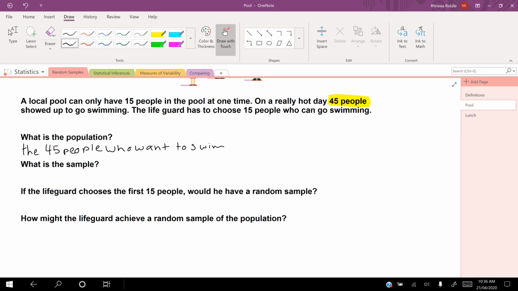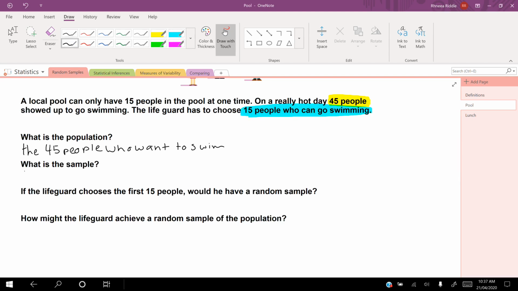Now, it doesn't matter if there are 46 people and that 46th person doesn't want to swim, they just want to hang out by the poolside. We only need to know about the 45 people who want to go swimming. Because out of those 45 people, we need to choose 15 people who are actually going to go swimming. So when it asks what our sample is, we need those 15 people who can go swimming.